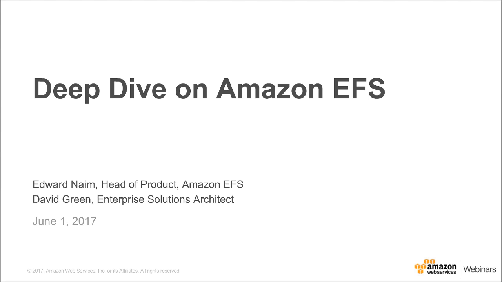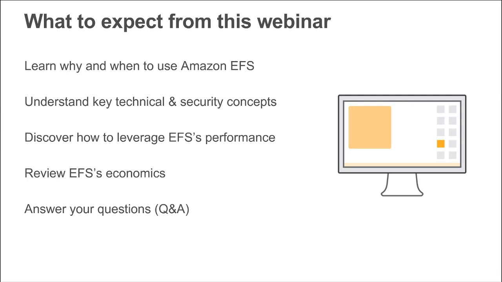We have lots of content planned for today's webinar, and we'll start off by talking about why and when to use Amazon EFS. We'll then talk about some key technical and security concepts. We'll dive deep on Amazon EFS's performance model and how you can get the most out of the service from a performance perspective.